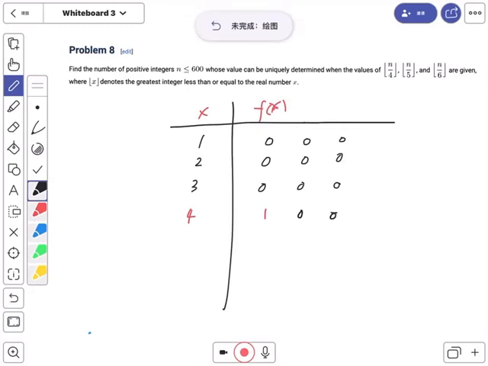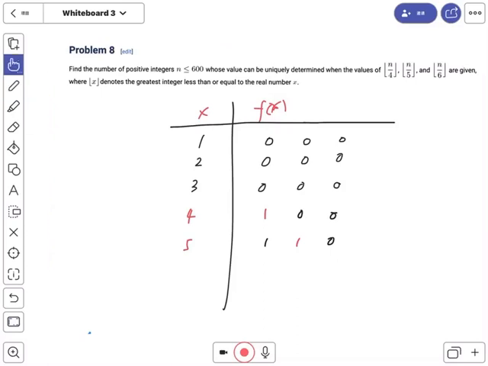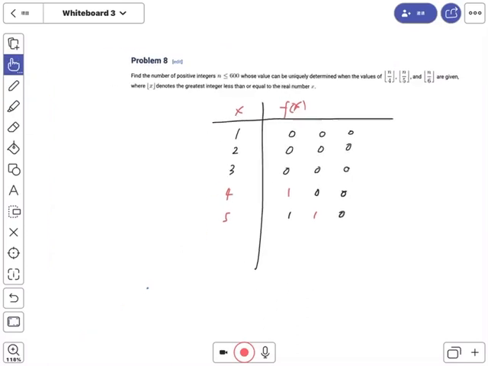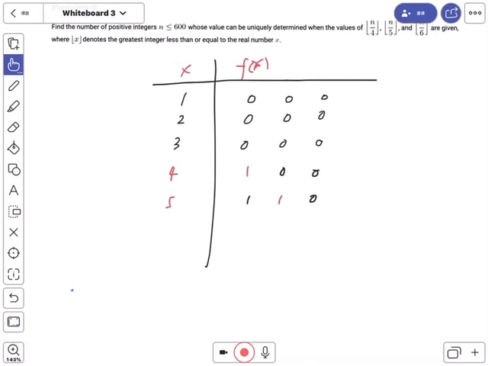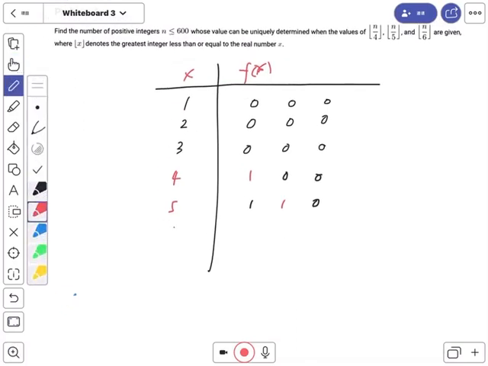However, for 5, we also have another change. So you can see that we're going to have one more for each of the multiples of 4, 5, and 6. So let's continue to try some numbers. For 6, we're going to have 1, 1, and 1. And what about 7? Let me extend this.